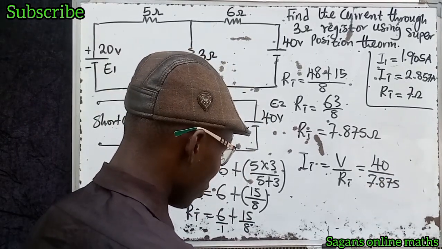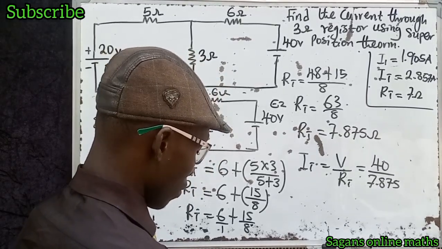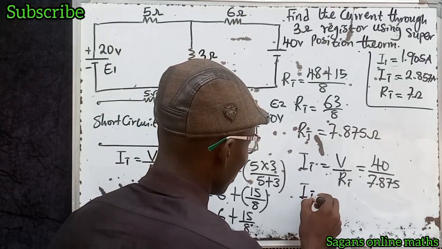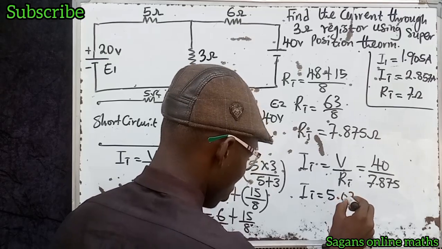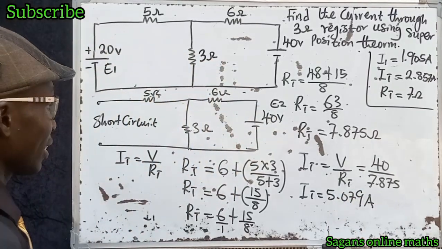So let's divide it. 40 divided by 7.875. So our total current is equal to 5.079 amps. Wow, this is amazing, right?